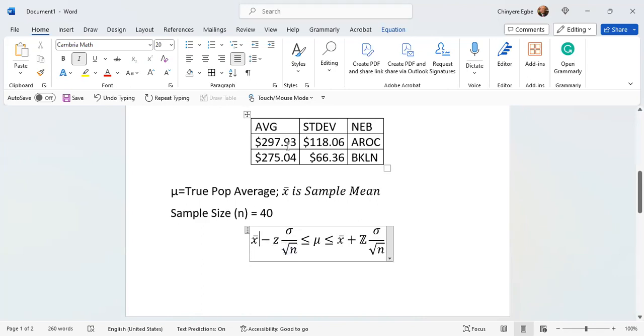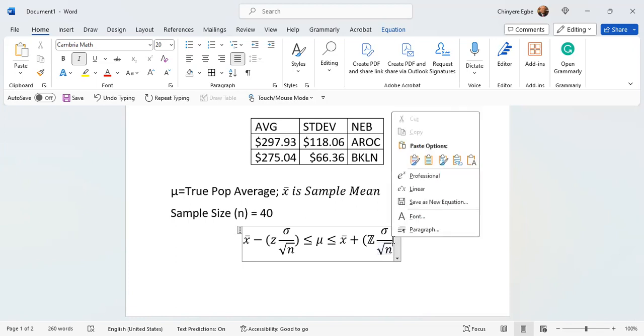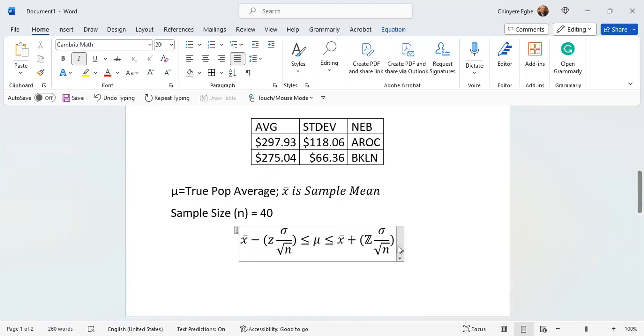That is X bar, this 297, minus the result of the calculation here, which is the lower value, or X bar plus the calculation Z times sigma over the square root of n. Once we have that information, the true mean is in the middle here.